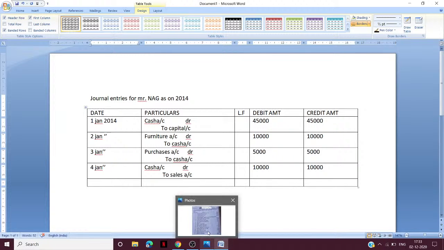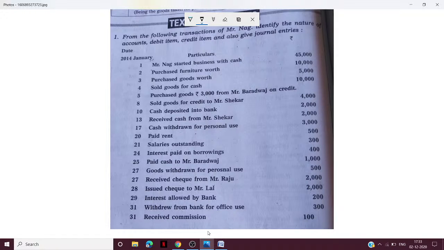Next transaction says on January 5th, purchased goods rupees 3,000 from Mr. Bharatwaj on credit. Here you should remember this one, students: credit. Credit is very important. When they say cash, we need not worry, we can directly take cash.